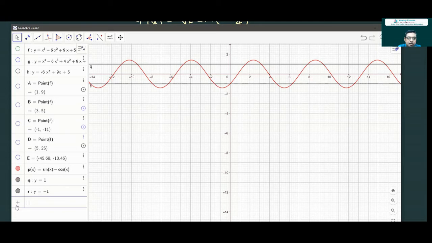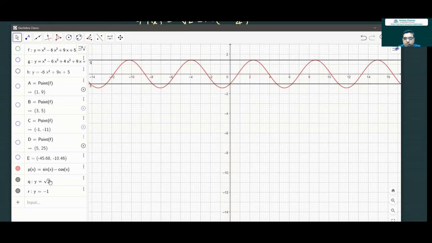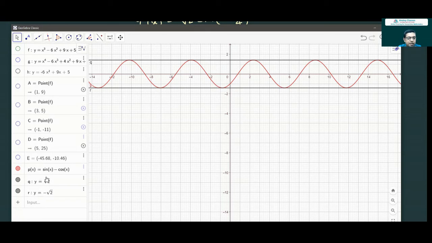Now, instead of 1, I make it square root 2. See here? So the maximum value is square root 2 and the minimum value is minus square root 2. So this is the maximum and this is the minimum.